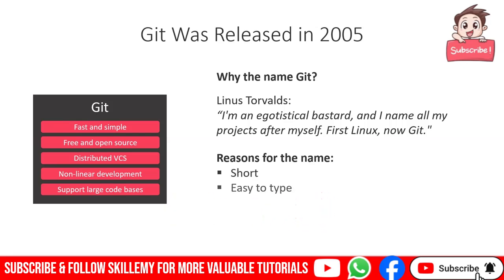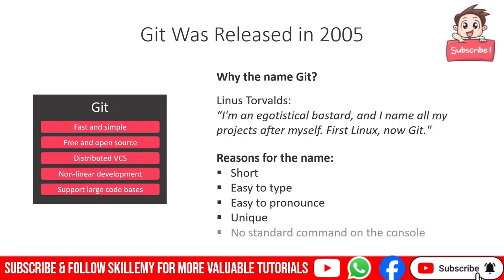It is short and it is very easy to type on a keyboard. It is also easy to pronounce and it is unique. But most importantly, Git was no standard command on the console. These reasons made the name Git perfect for a command line tool.